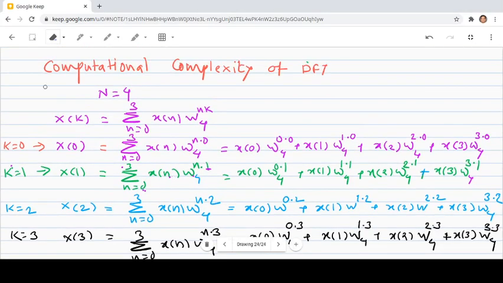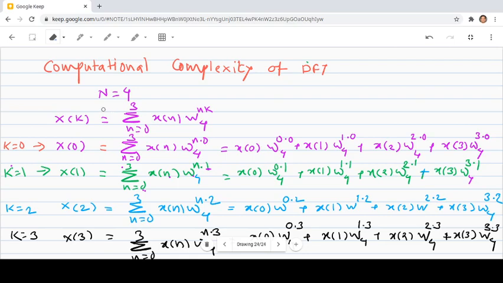Let us discuss the computational complexity of DFT. In this session, I want to show you how many complex additions and complex multiplications are required to compute DFT coefficients.